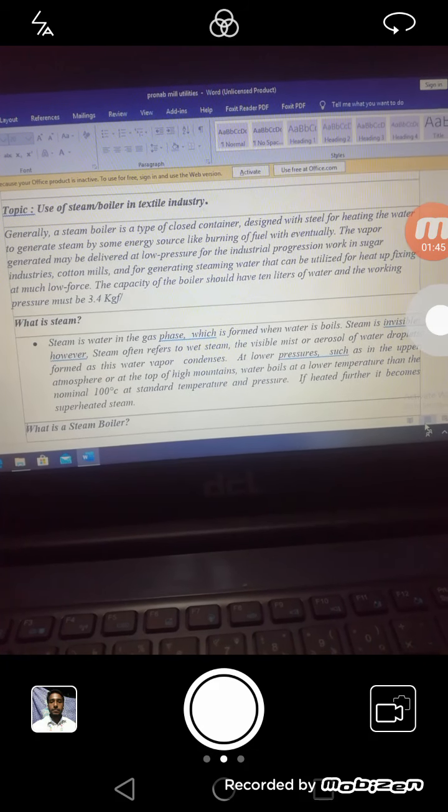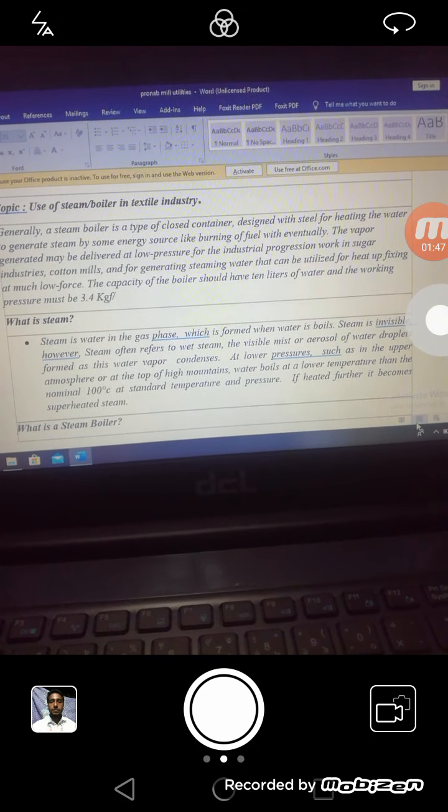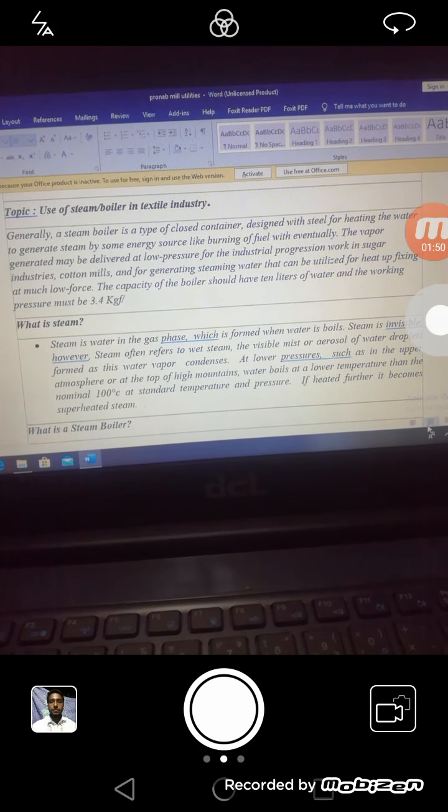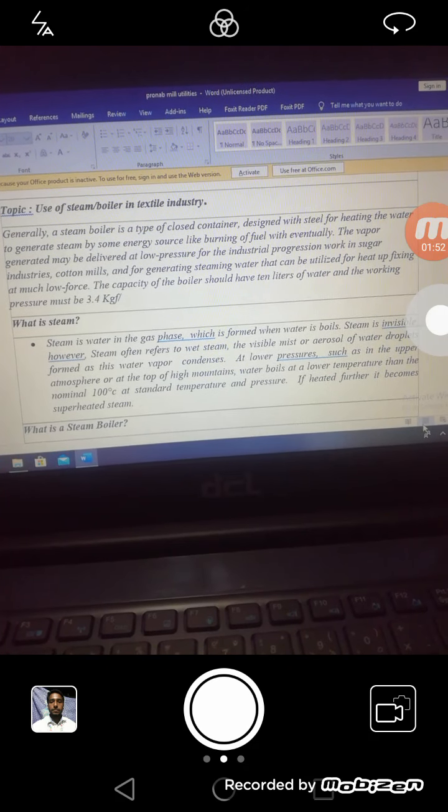The capacity of the boiler should be 10 liters of water and the working pressure must be 3.4 kgf.